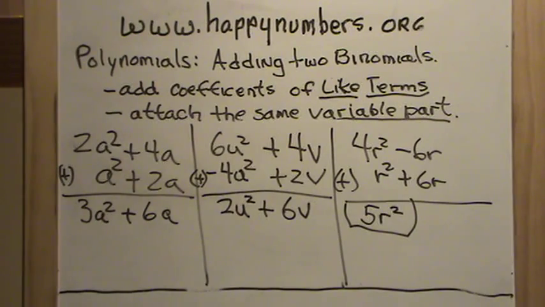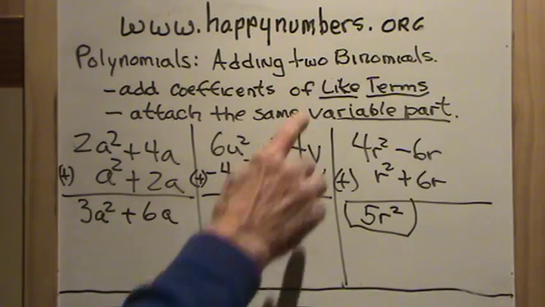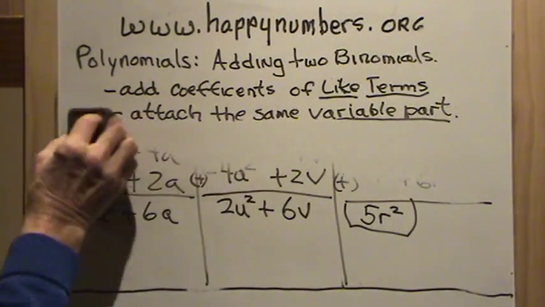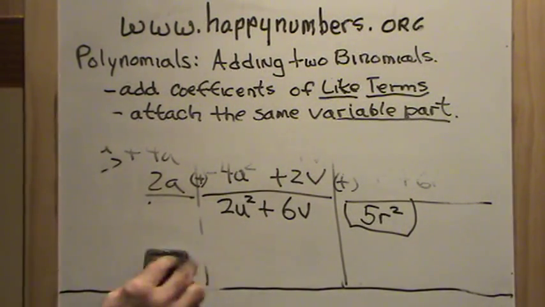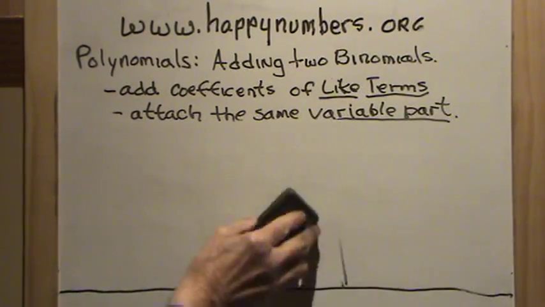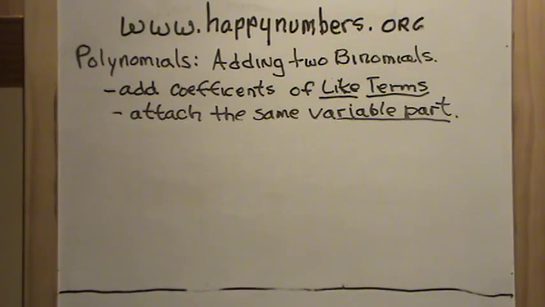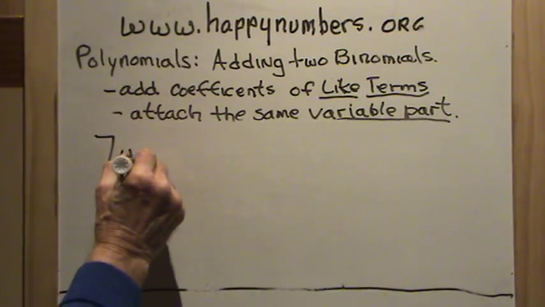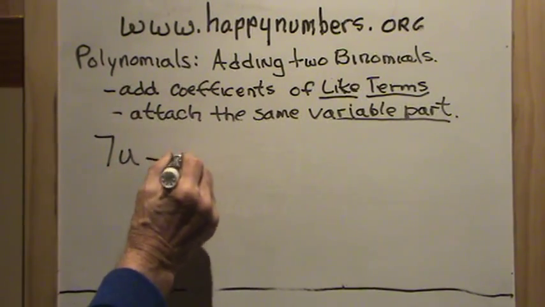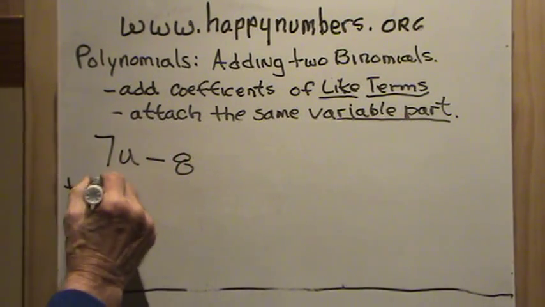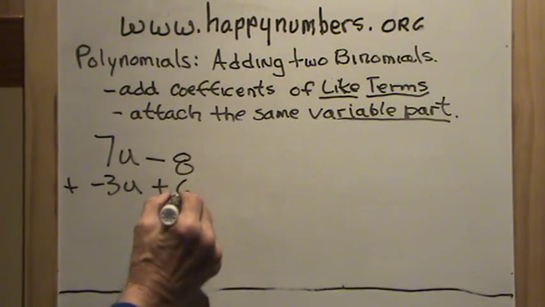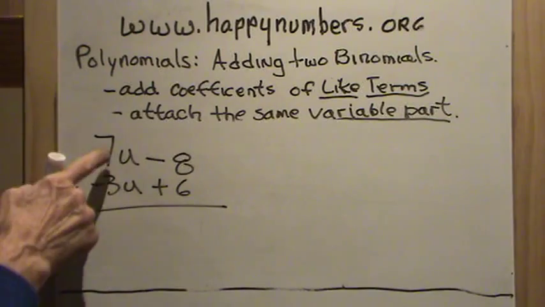Well, good. So that's adding binomials, and we did 2 types of examples in adding the binomials. We added binomials when we just had one variable.